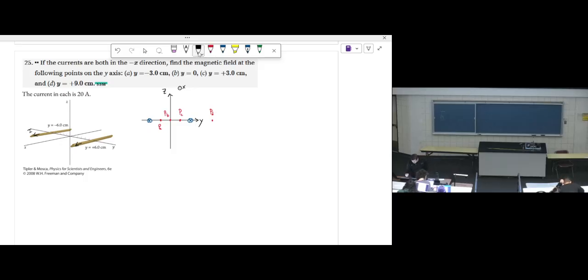So part A, we said for an infinite line of current, which as far as we can guess, since it doesn't give us length, then we just got a cutout here.